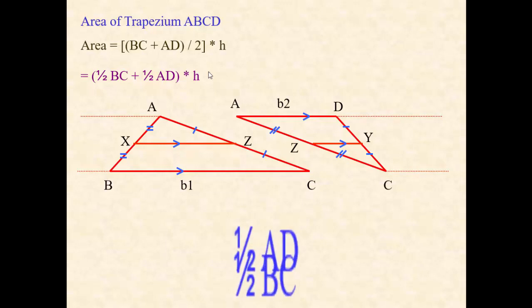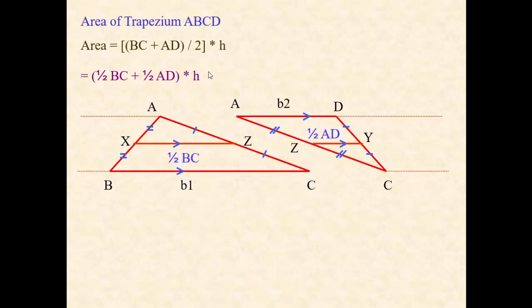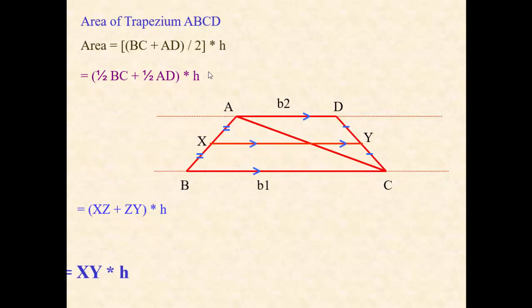Then XZ equals half BC, ZY equals half AD. Then area of trapezium equals XZ, which equals half B1, plus ZY, which equals half AD, times height.